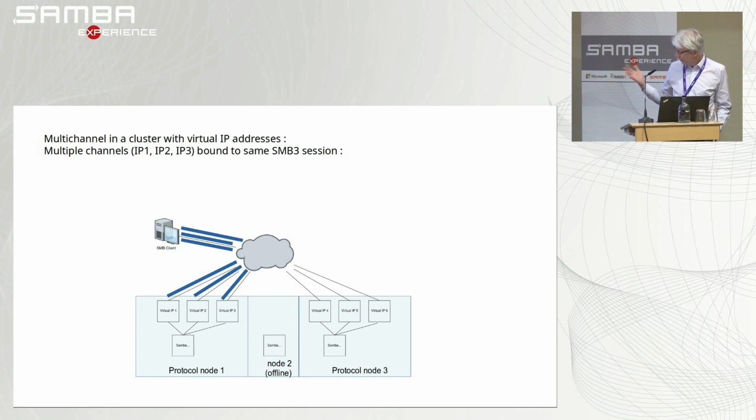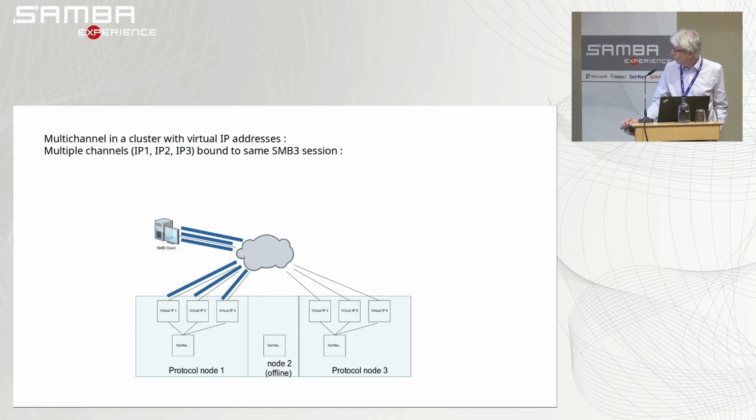We can make them host a number of virtual IPs that we move between the nodes and that the clients will use to connect. If you think there is one client, like the one on the left, and imagine there would be 3 connections in use by multichannel, you could think about each connection directing to one of the virtual IPs.